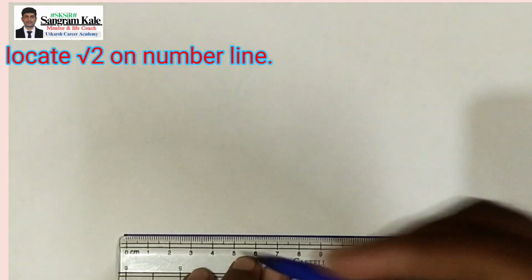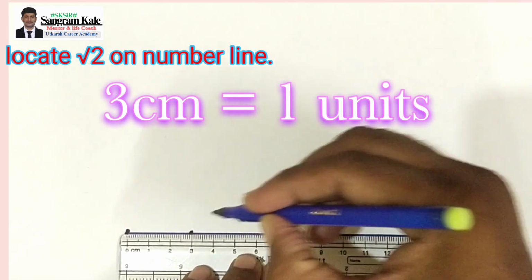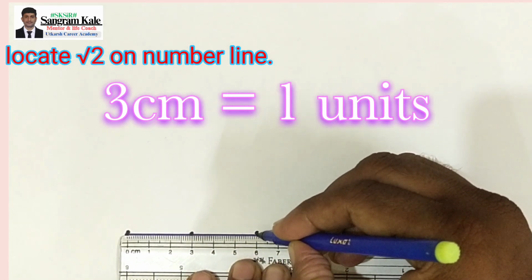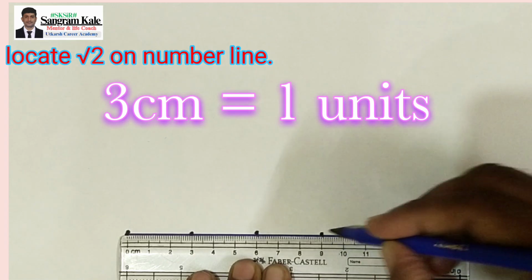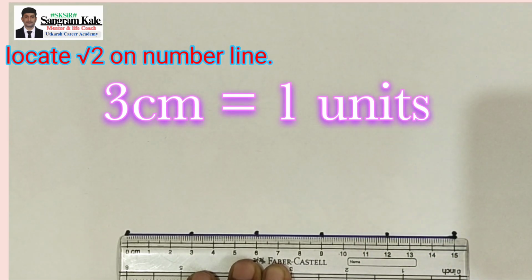Use 3 cm equal to 1 unit and take points on it like 0, 3, 6, 9, 12 and 15. Label all these points as 1, 2, 3.